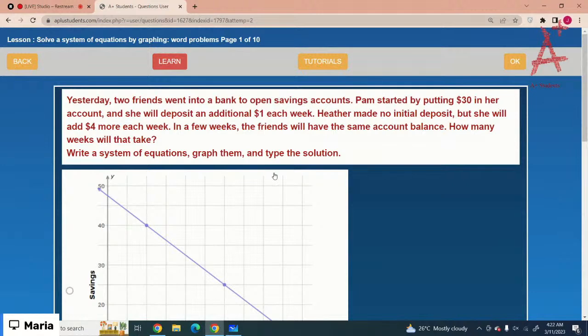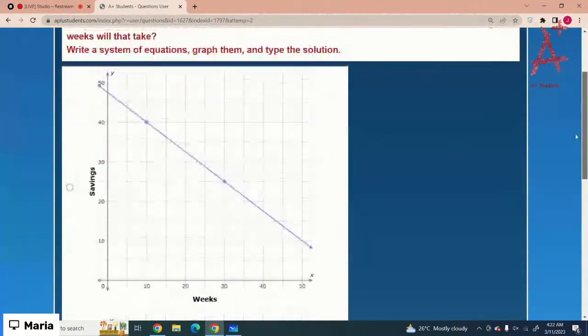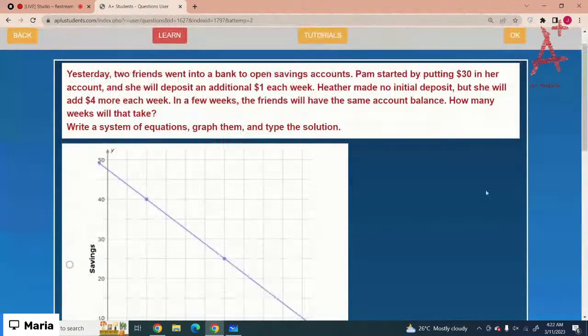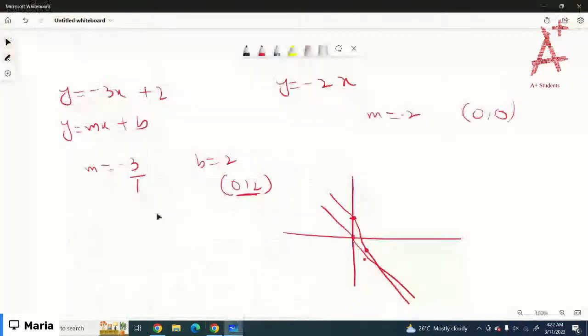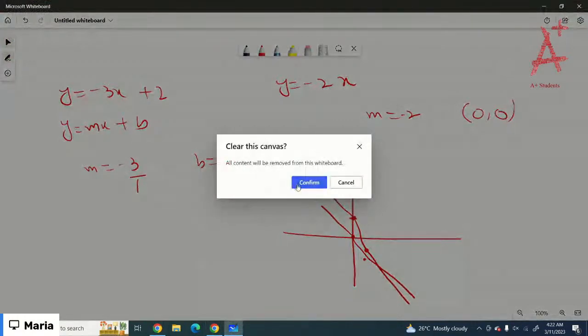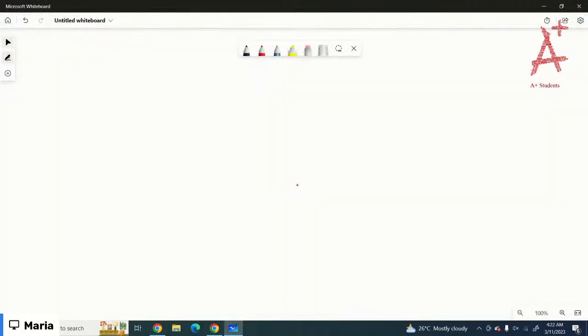Write a system of equations, graph them, and then type the solution. So x is for weeks and y is for savings. Let's write down the equations.